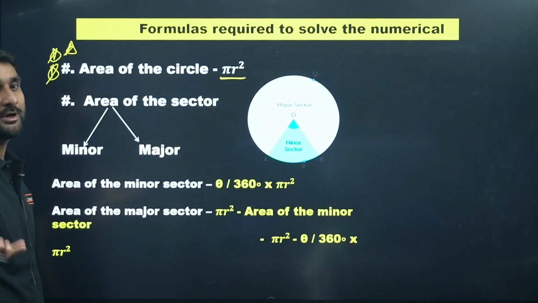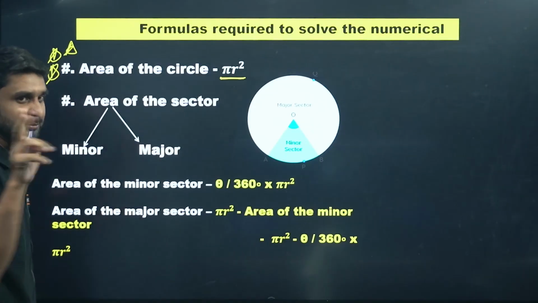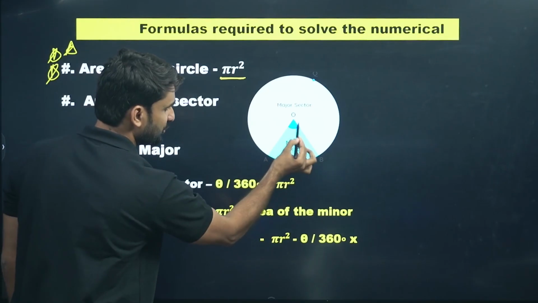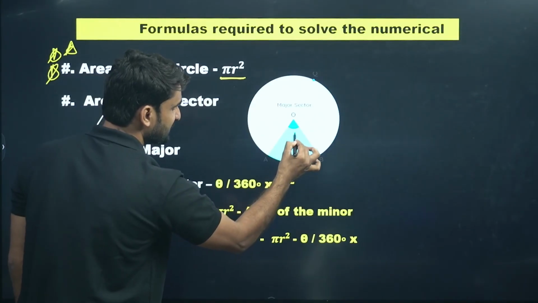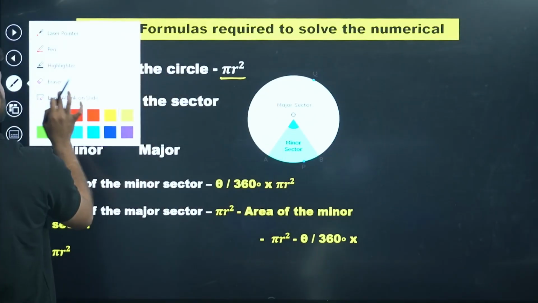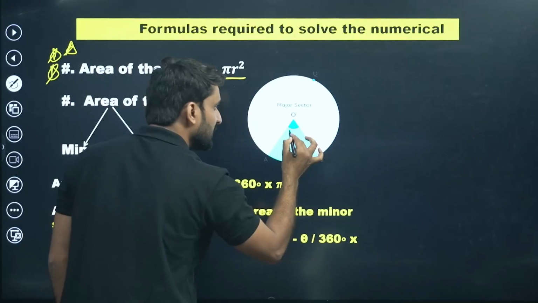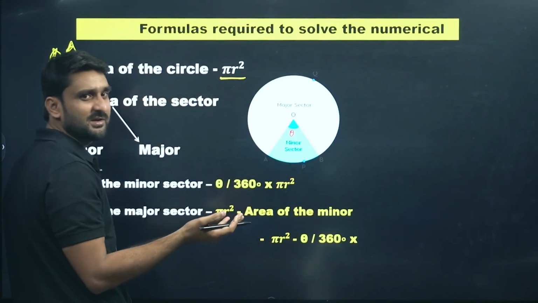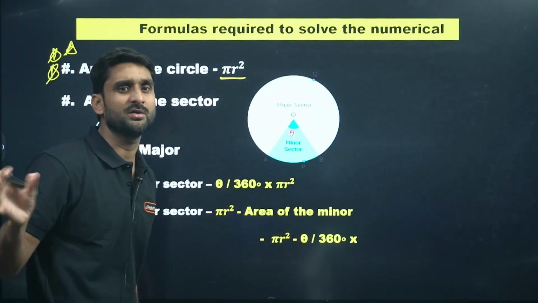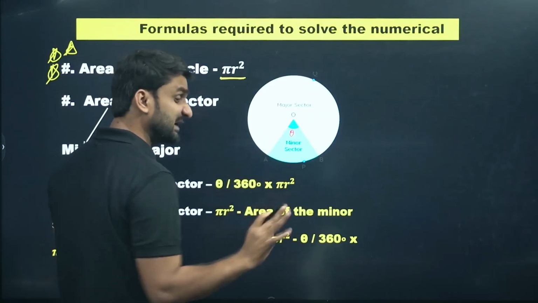First, you should know how many types of sectors there are. There are 2 types of sector. Minor sector is this, you can see here, and there will be an angle theta. Let's say it might be 10 degree, 20 degree, 30 degree at the center. This is called the center angle, right?